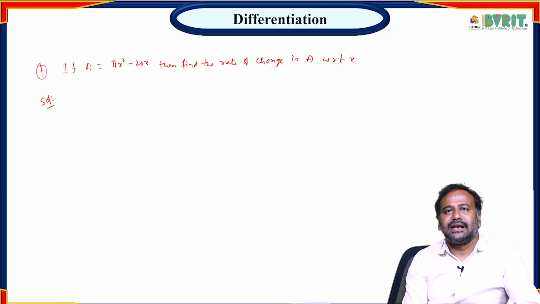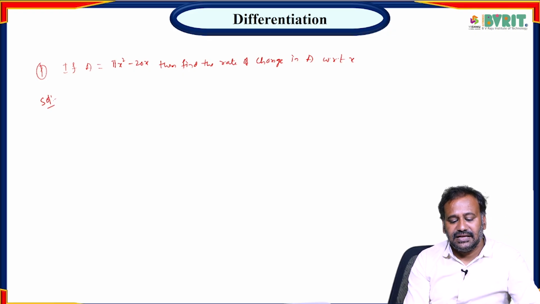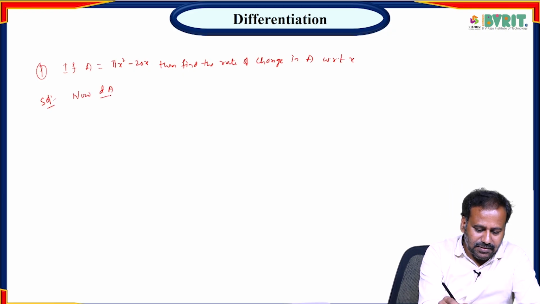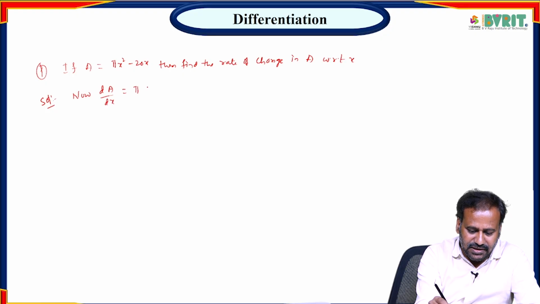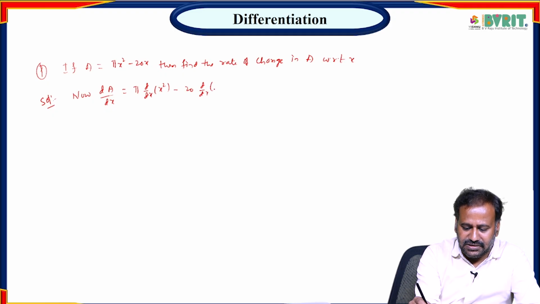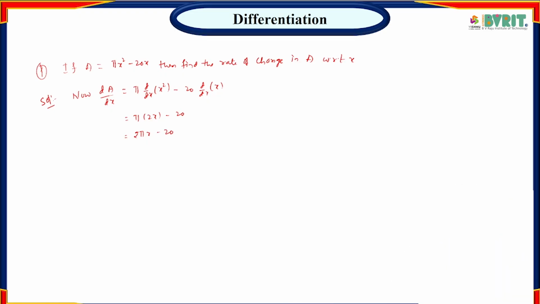So that means I need to calculate dA by dx value. dA by dx is equal to, anyway here pi is constant, that's why I am writing it outside, d by dx of x square, minus here 20 is constant, d by dx of x. So pi into, the differentiation of x square is 2x, minus the differentiation of x is 1, simply 20. 2 pi x minus 20. Okay, this is the solution for this one.